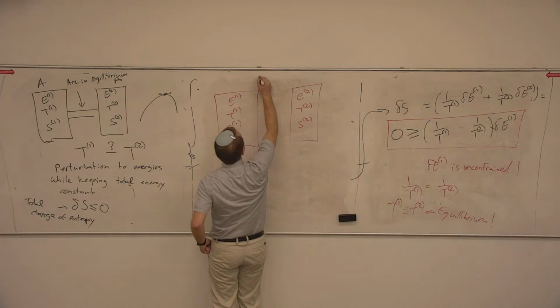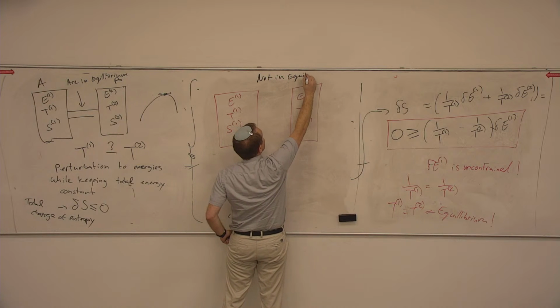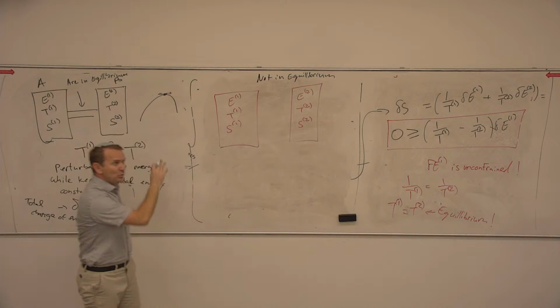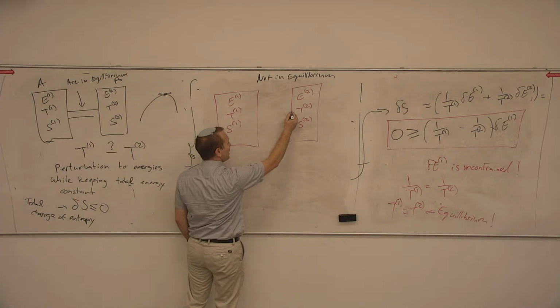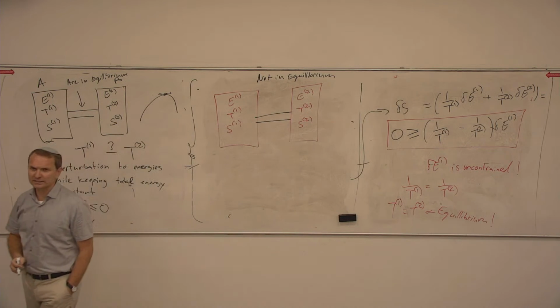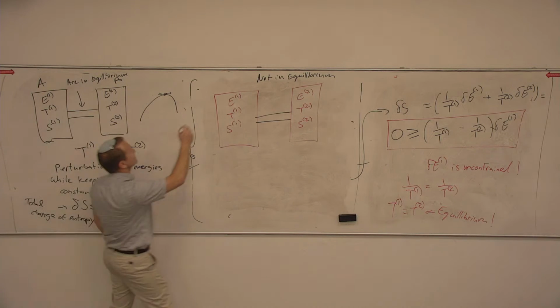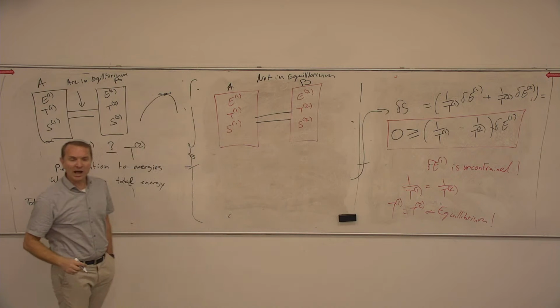So not in equilibrium. I build a connection between those two guys, and the heat can flow from one box to another. That's again A, and this is B. So what will happen then?